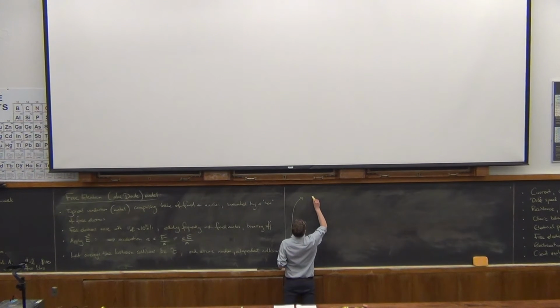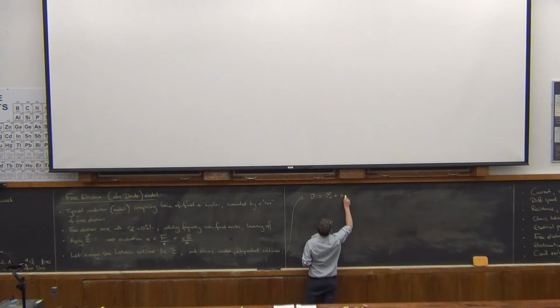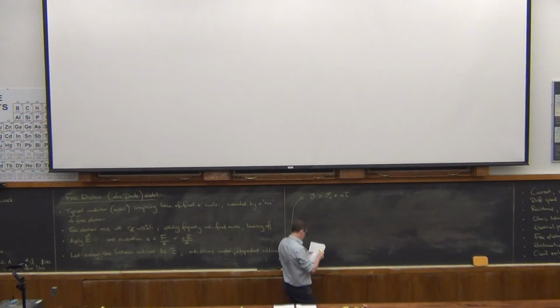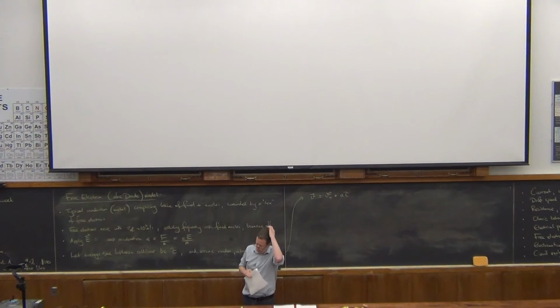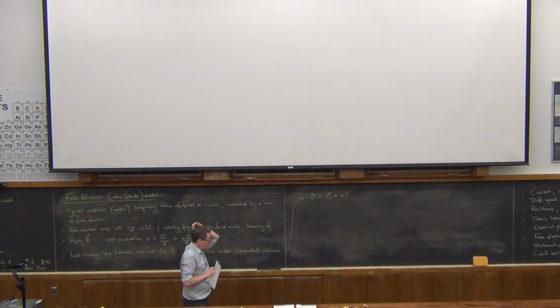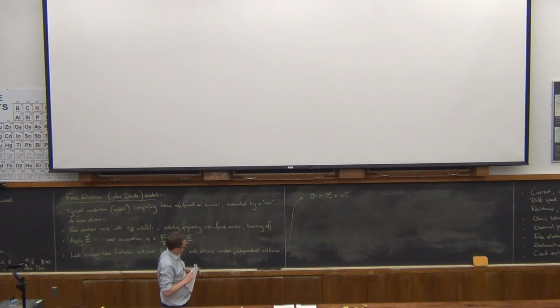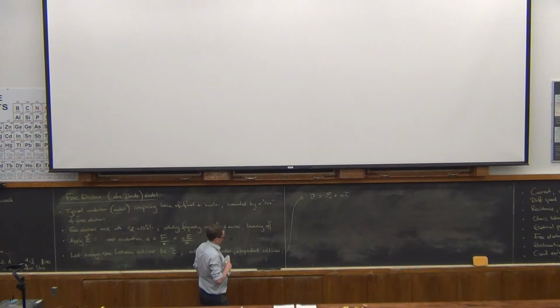Let's say we're going to again go back to kinematics and Newton's laws, and we're going to say something like this. Okay, so we've now got our objects in motion, electrons in this case, experiencing an acceleration.